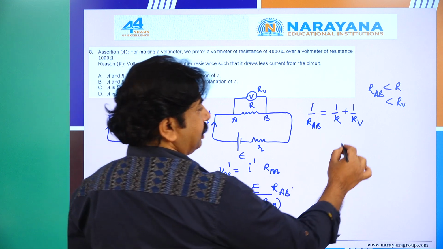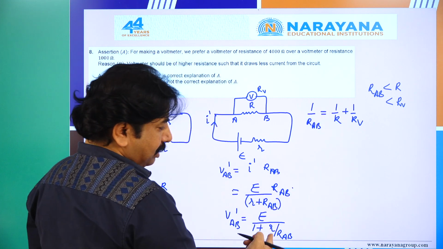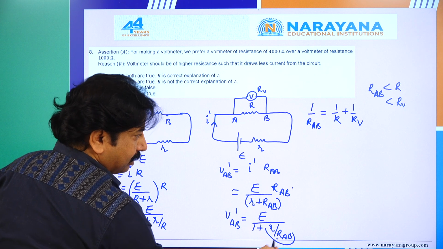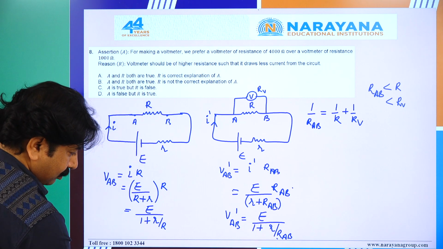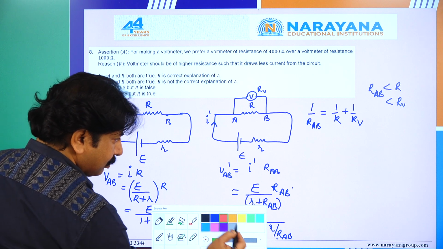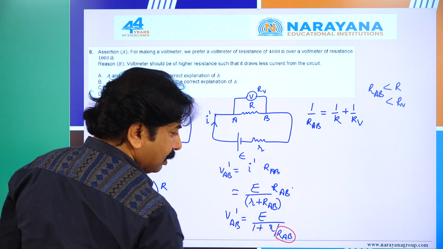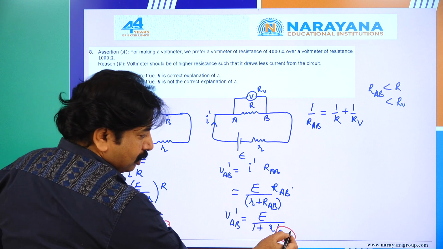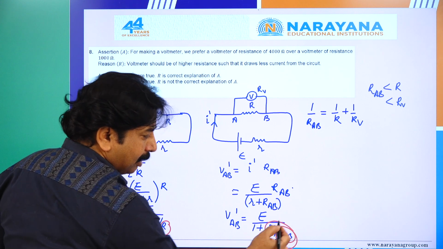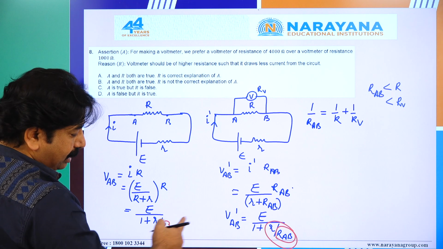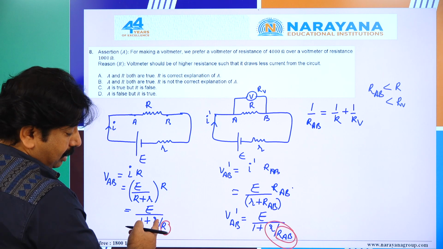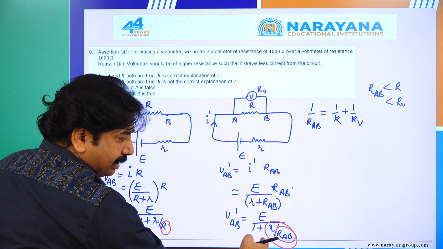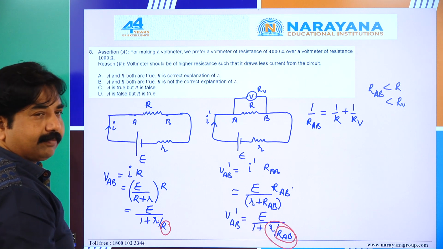One more thing we have to calculate: RAB should be less than R. As RAB is less than R, this total factor R by RAB should be greater than R by R. The total denominator is greater, so the total value is less than that of this value.